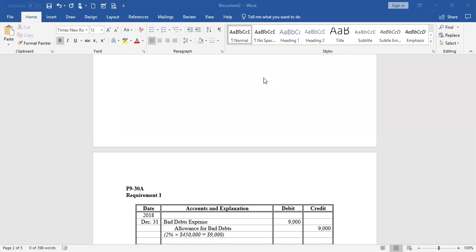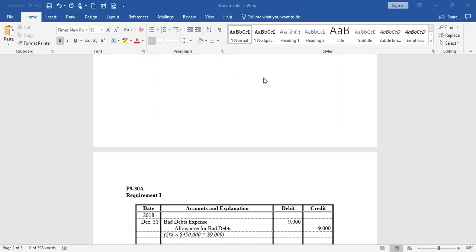So in your book, they've told us about two different methods of creating those estimates, usually done at the end of each year. They're definitely done whenever a balance sheet or an income statement is being created. So this is an adjusting journal entry, actually.